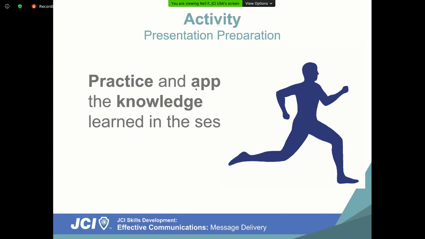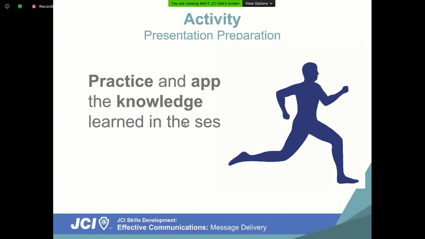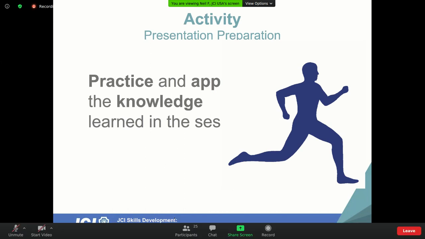Progress report, you're going to talk about JCI membership as a progress report. And finally, orientation, you're going to talk about JCI membership too. So your topic is JCI membership.